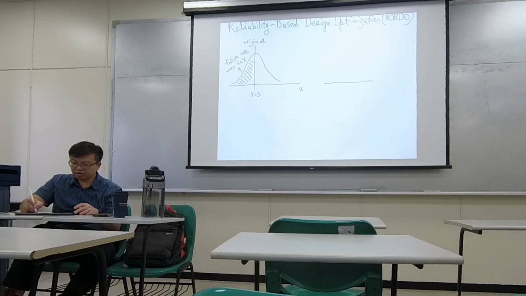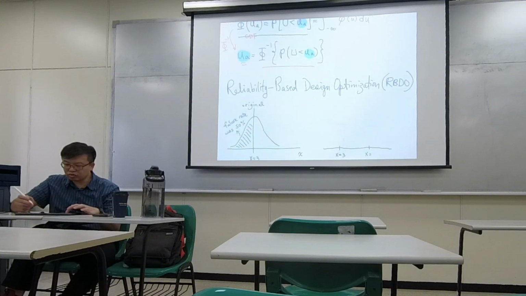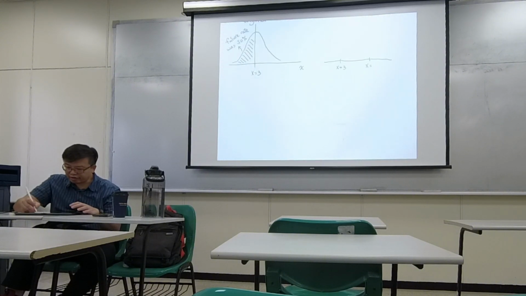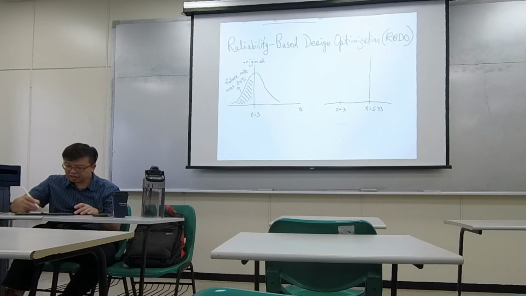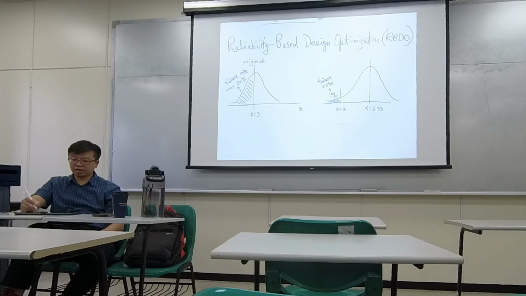And now, if you move on, here is x equals to 3. If you move on to x equals to 5.3, if you move right, and your distribution becomes like this, and the distribution right here is only 1%. So the failure rate now greatly reduced to 1%. Okay?